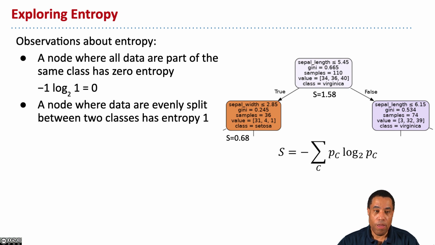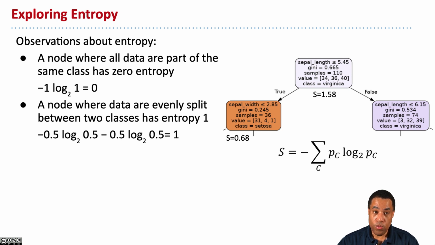On the other hand, if we have data evenly split between two classes, it's going to have entropy 1, right? Because it'll be negative 0.5 times the log base 2 of 0.5, minus 0.5 times the log base 2 of 0.5. So we end up with just 1.